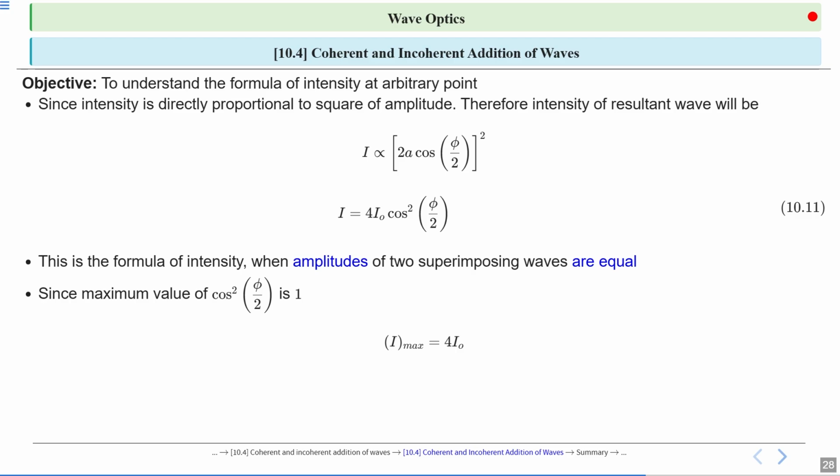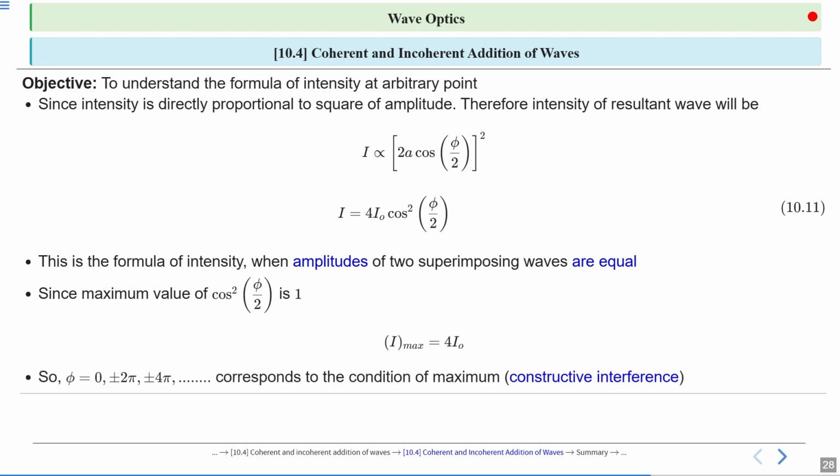So for an even integral multiple of pi, or zero phase difference, the result is maximum intensity, that is I max equal to 4 I naught. So phi equal to 0, plus minus 2 pi, plus minus 4 pi corresponds to the condition of maximum, or constructive interference.